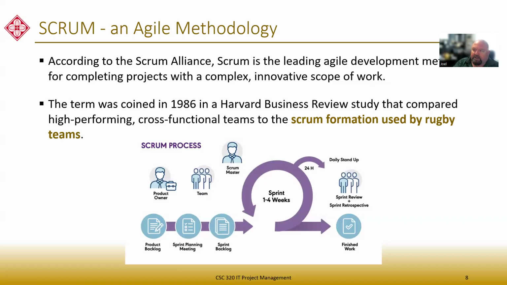And in that short, like month-long period, every day you're going to have a stand-up where the scrum master says, what did you do yesterday? Here's what I want you to do today. These daily stand-ups are short meetings. The literature says 15 minutes. Just long enough to get the work done.